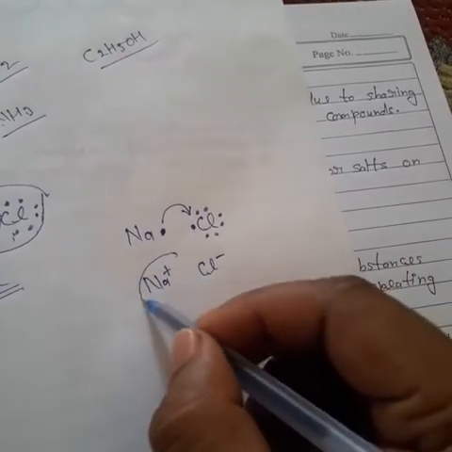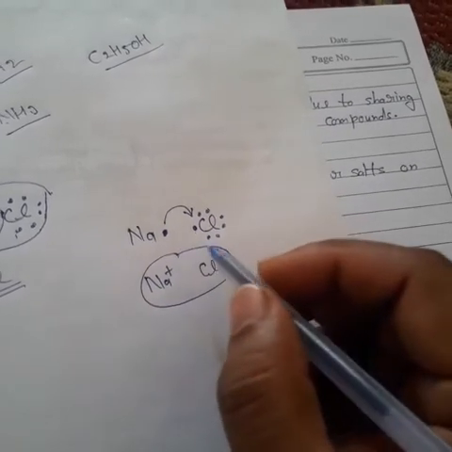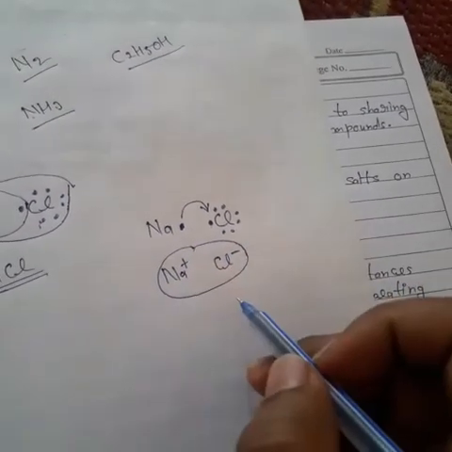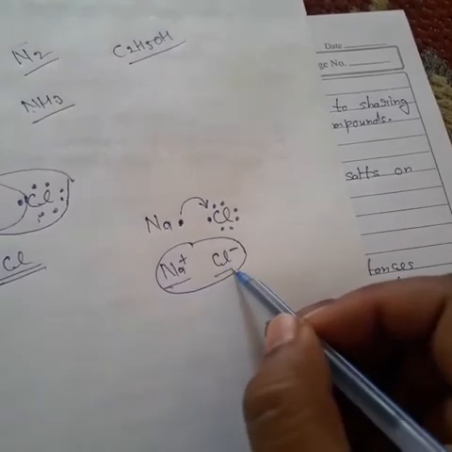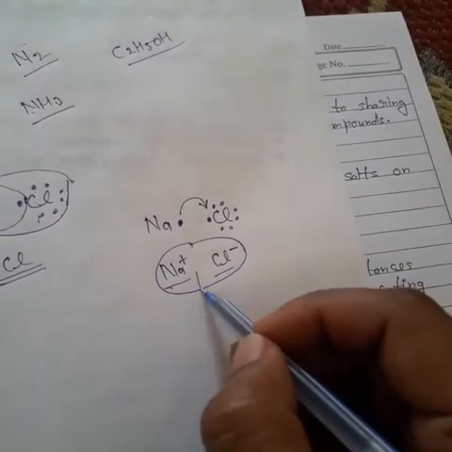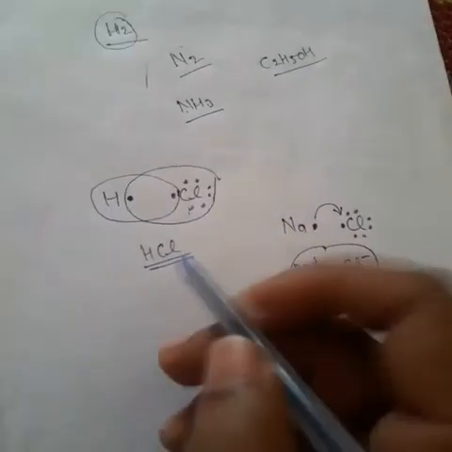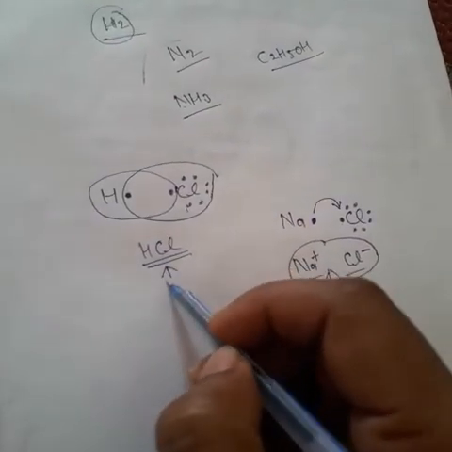So this is an ionic compound because it's made up by transferring of electrons and they contain positive and negative ions. So this is the ionic compound and this is the covalent compound.